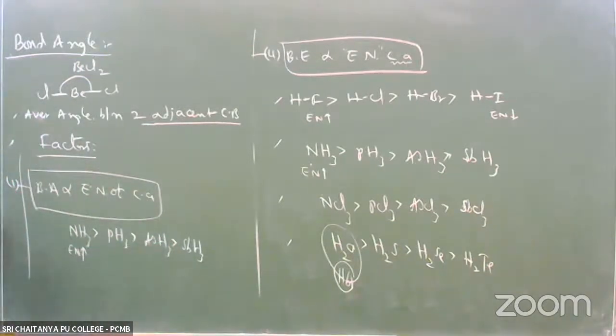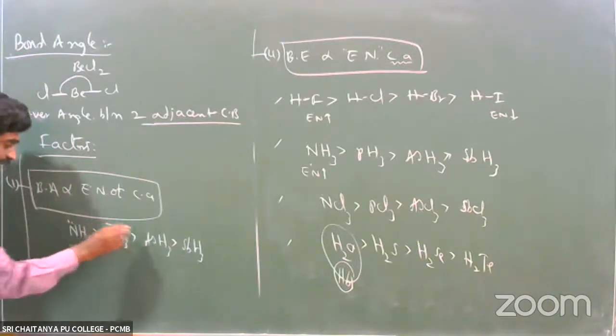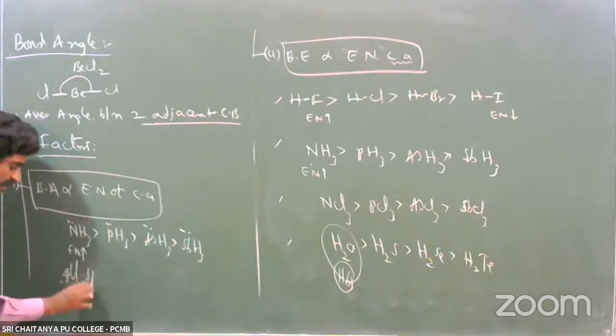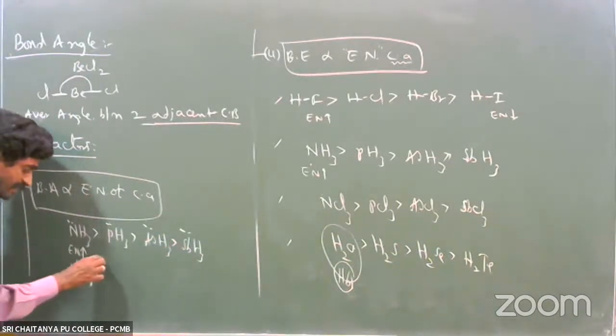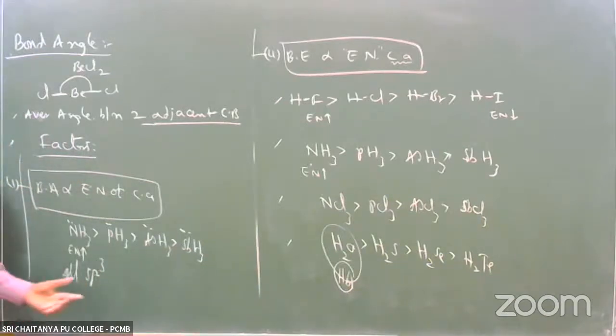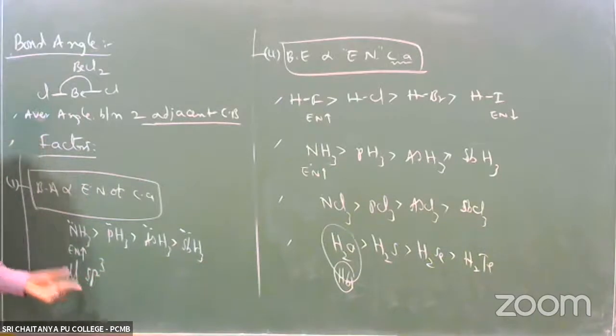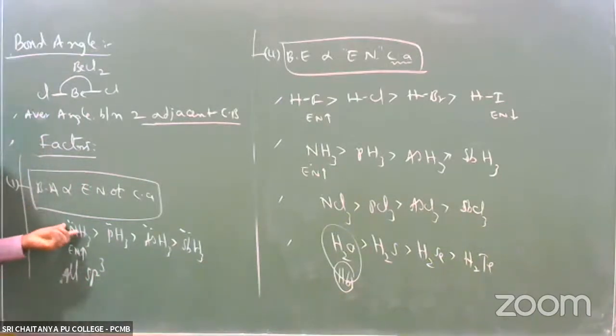Here NH3 has 107 degrees. All these atoms have lone pairs of electrons, and all undergo sp3 hybridization. sp3 means the tetrahedral bond angle, that is 109 degrees 28 minutes, but because of the lone pair of electrons, it causes repulsion on the bond pairs.